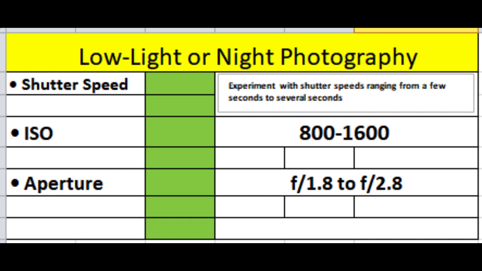ISO: Increase the ISO sensitivity to capture more light. Start with ISO 800 to 1600 and adjust as needed to balance exposure and noise. Aperture: Choose a wide aperture, smaller f-number, such as f/1.8 to f/2.8 to maximize the amount of light entering the camera and achieve a shallow depth of field.